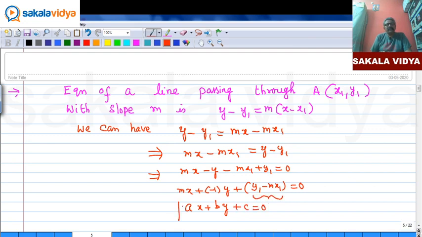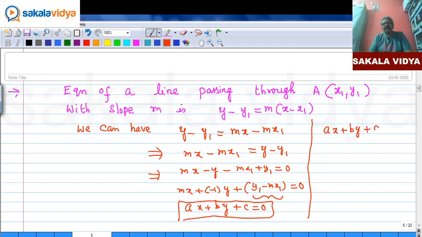That means any equation of the line will be in this form. This ax plus by plus c equals 0 represents a linear equation in x and y.